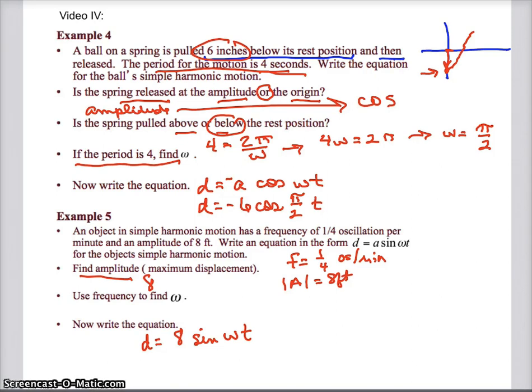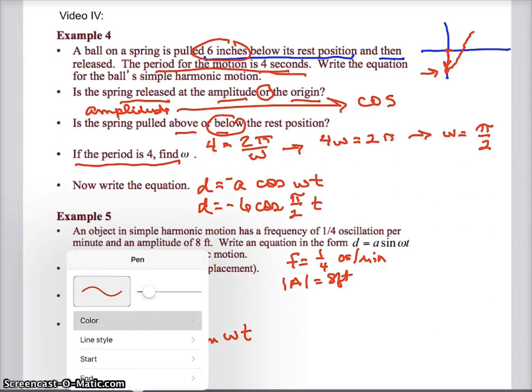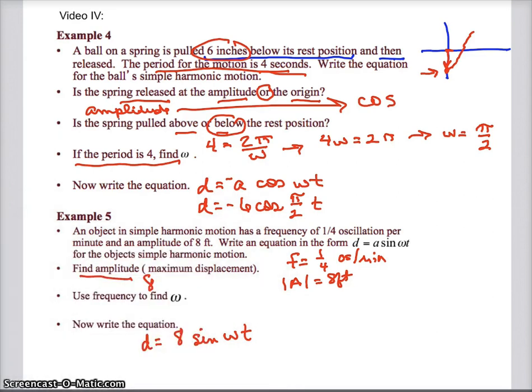Use the frequency to find omega. Recall that frequency is the reciprocal of your period. So if frequency is 1 divided by the period, then we can say that frequency is 1 divided by 2 pi over omega.